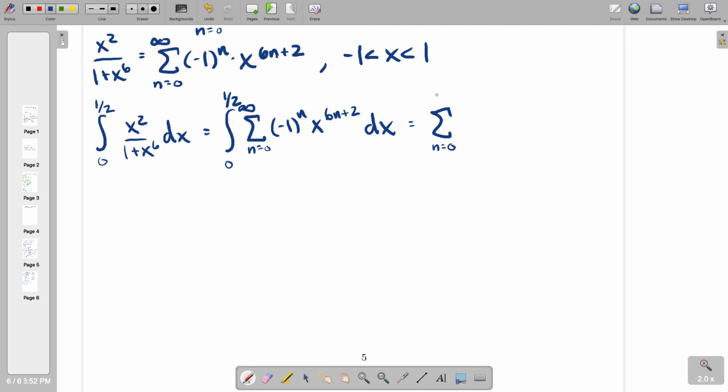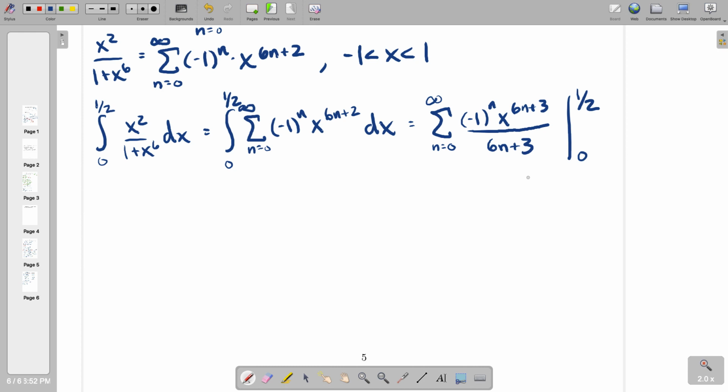from 0 to infinity of, so we're going to go through and we're going to add 1 to the exponent, so 6n plus 3 instead, all divided by 6n plus 3. And under normal circumstances, we would go plus c, but we're not going to do that, right? Because we know exactly what numbers we want to evaluate at.